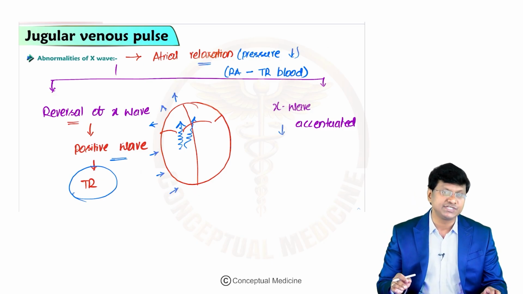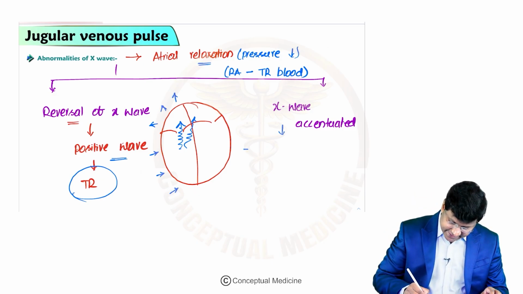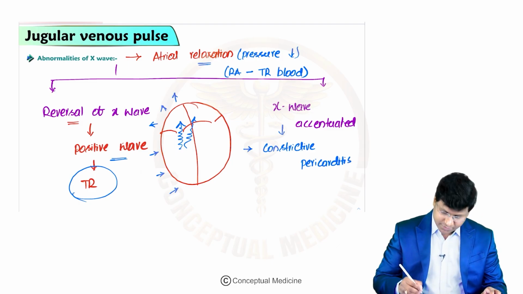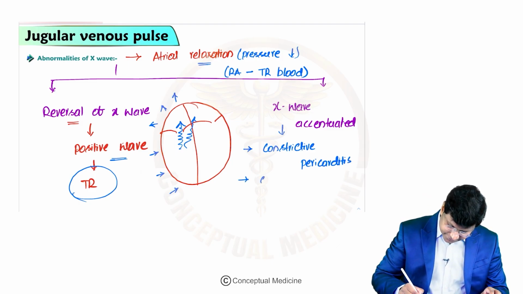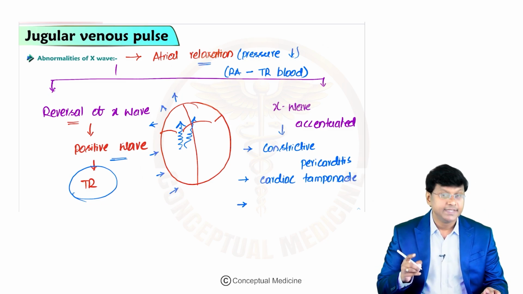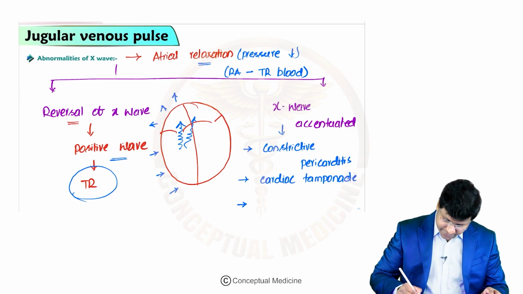The X wave is accentuated in constrictive pericarditis, number two, cardiac tamponade, and number three, restrictive cardiomyopathy.